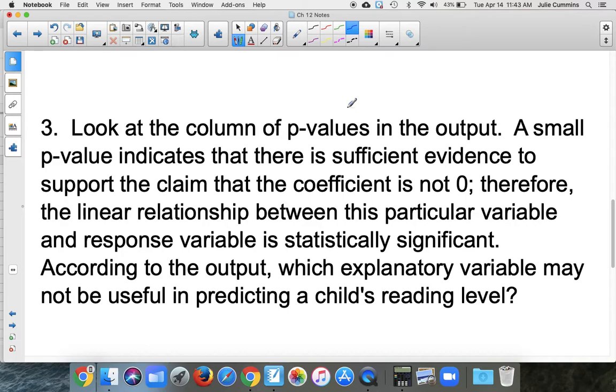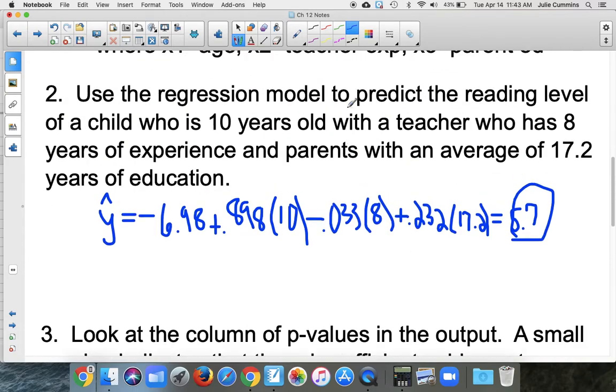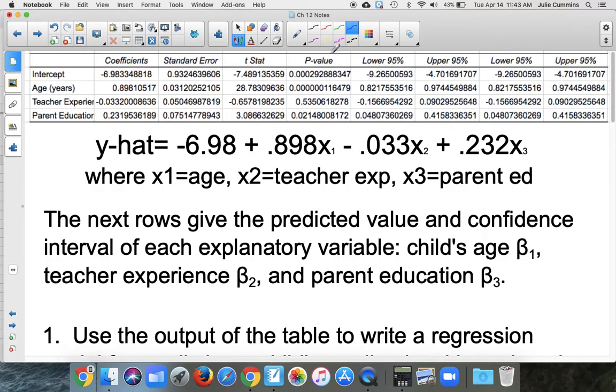If we have a p-value that's large, that means that particular variable may not be affecting the reading level that much. So we're going to look at the output and find out which explanatory variable may not be useful in predicting a child's reading level. So let's go back to this. This is the column that we're looking at.